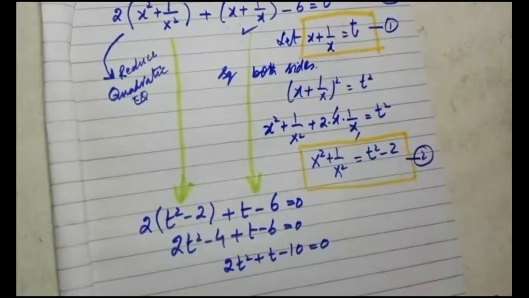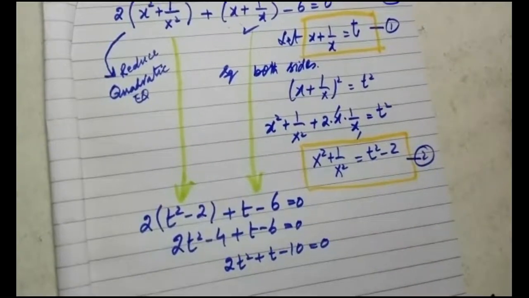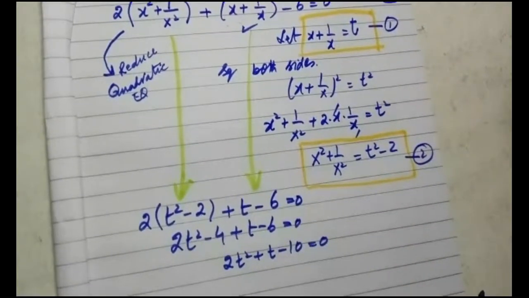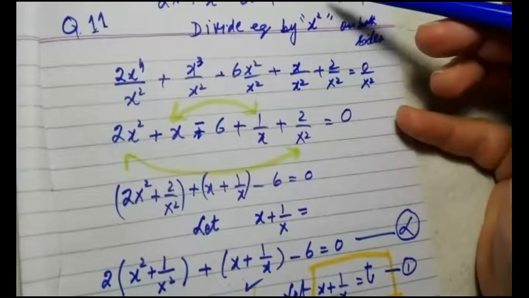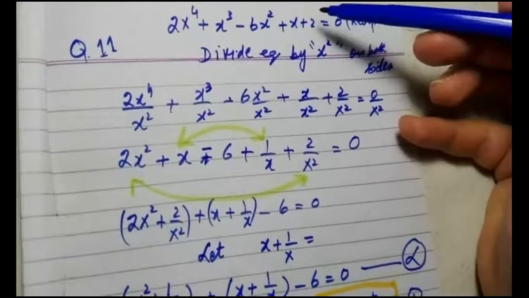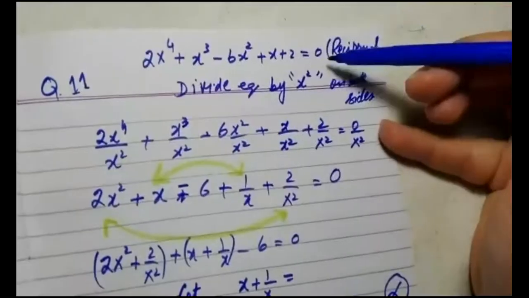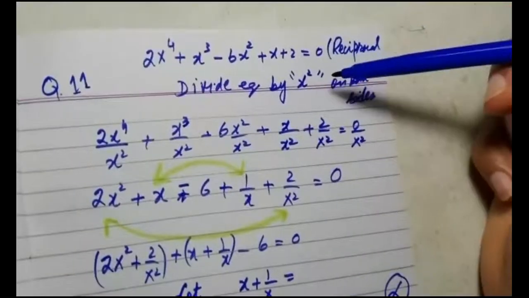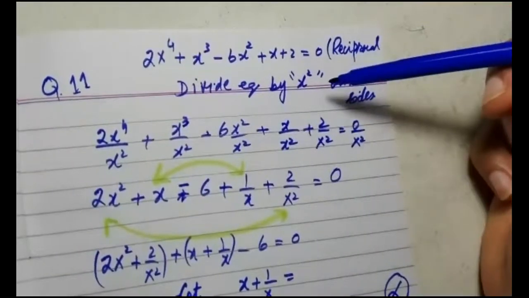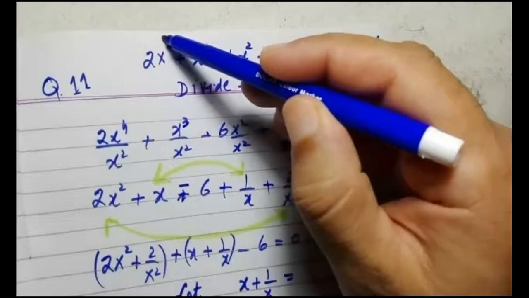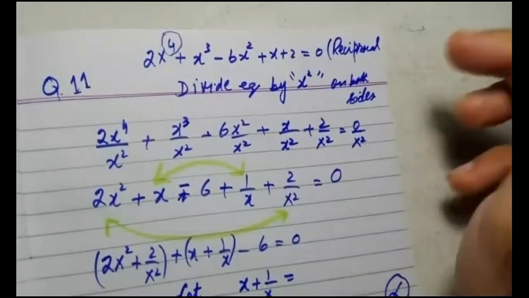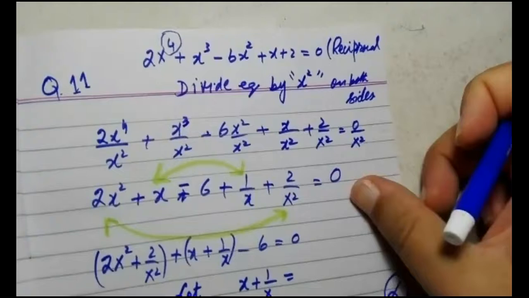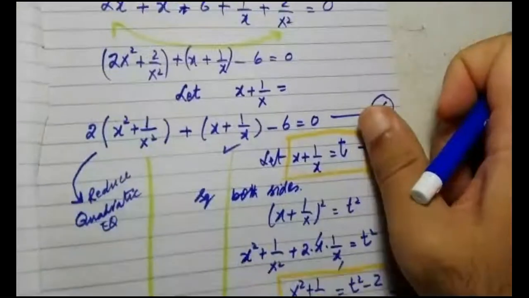So the target is achieved: we have reduced the original reciprocal equation to a quadratic equation. It was not a quadratic equation, it contained the highest power 4, and a quadratic equation is such an equation which contains the highest power 2. So we have converted this expression into the quadratic form.